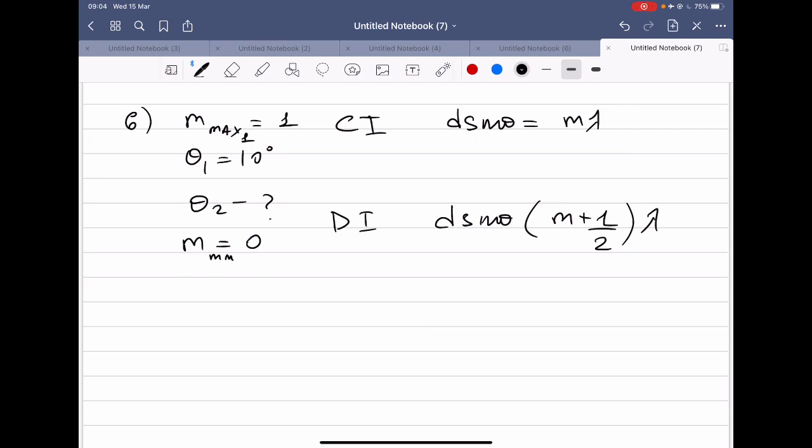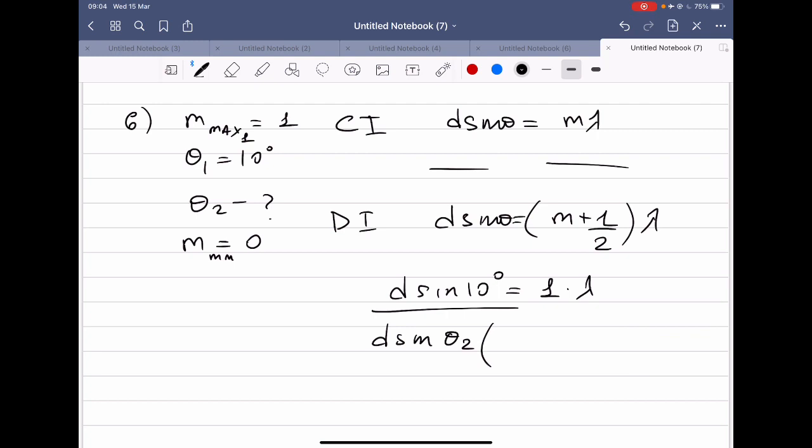So then we can just divide as we did for the previous problem. So d sine 10 degrees is equal to m, the first order maximum, which is 1, multiplied by lambda, divided by d sine theta 2.